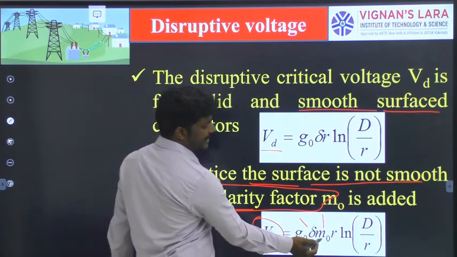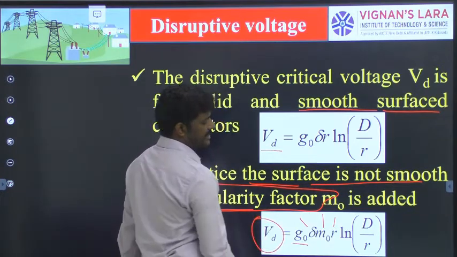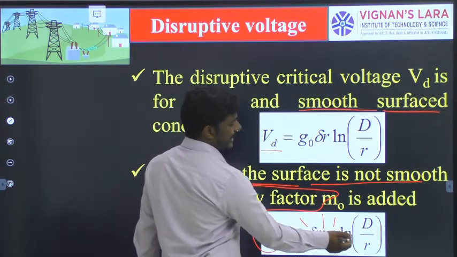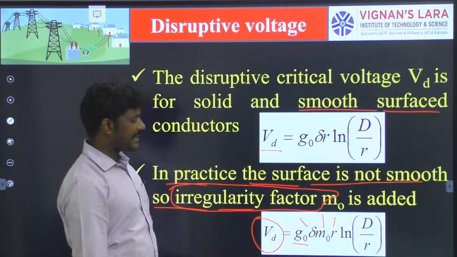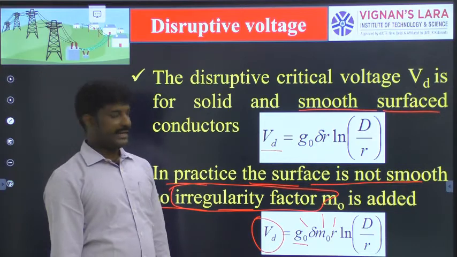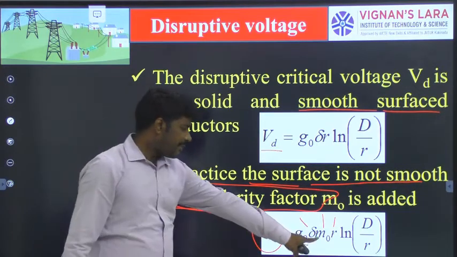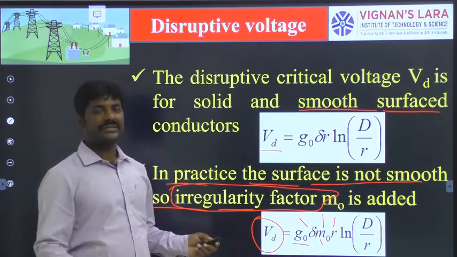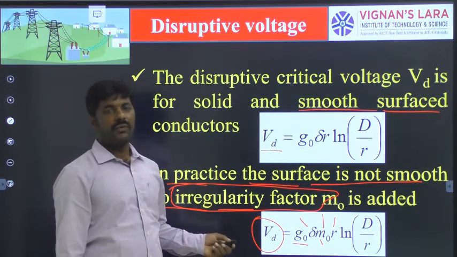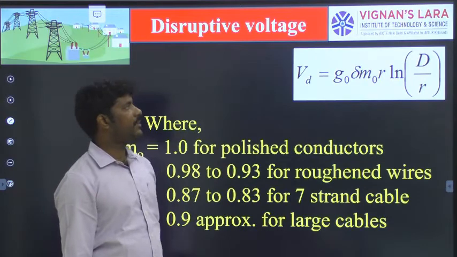M naught is the irregularity factor and R is the radius of the conductor. In ln of D by R, D is the spacing between the conductors and R is the radius of the conductor. This M naught value varies from conductor to conductor. So let us see what the magnitude of that M naught is.